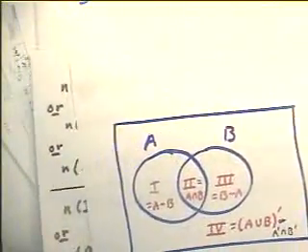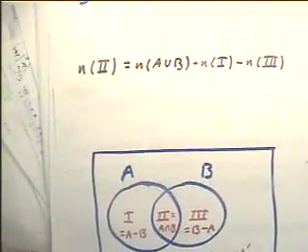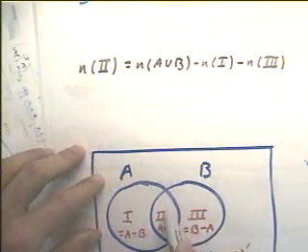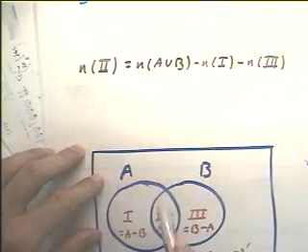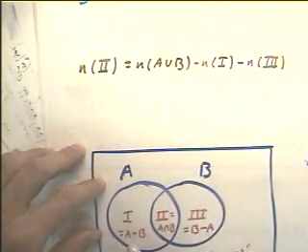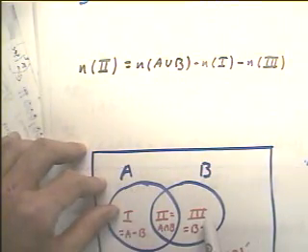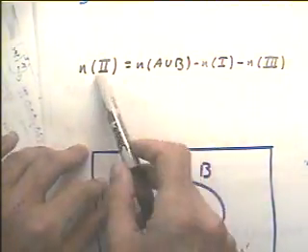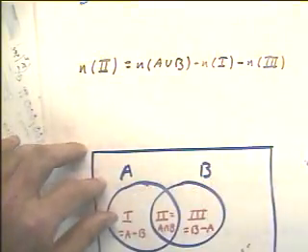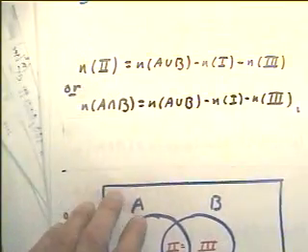Now let's look at what else we can draw from this picture. First of all, if we want to get the number in region 2, what do we do? We can take the number in A union B, which is everything lumped together here, and subtract off the number in region 1 and the number in region 3. So the number in 2 is the number in A union B minus the number in region 1 minus the number in region 3.